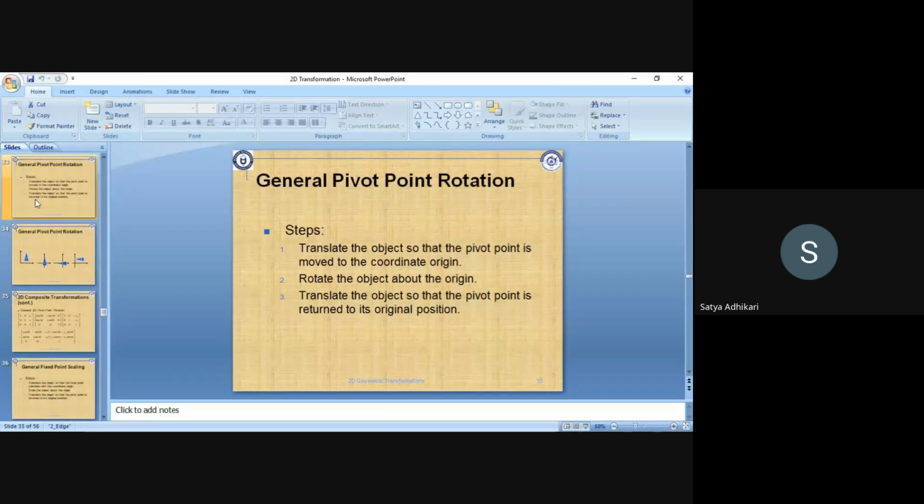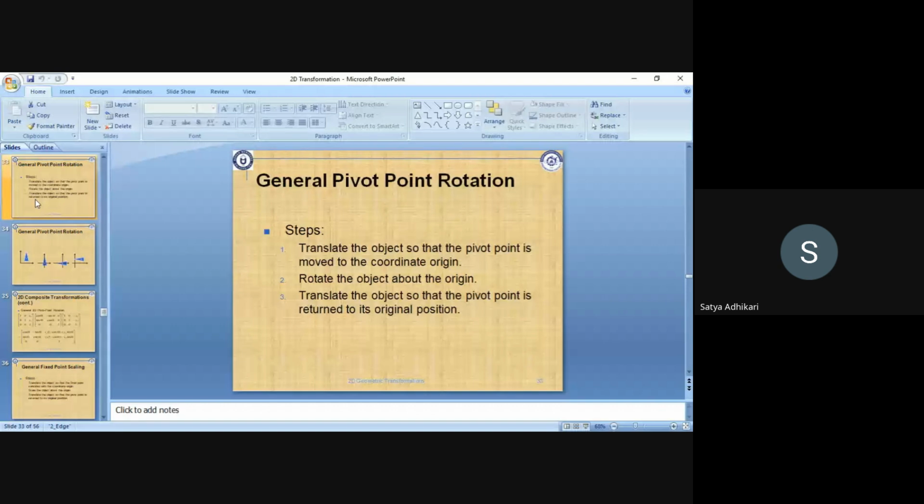Once the pivot point is at the origin, it is easy for us because we know how to rotate the object with respect to the origin. In the second step, we have done that. After the rotation takes place, we apply the inverse translation, to get our pivot point to its original position. Bas, done.